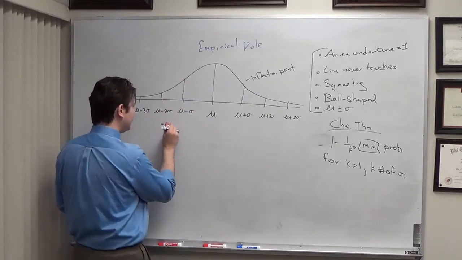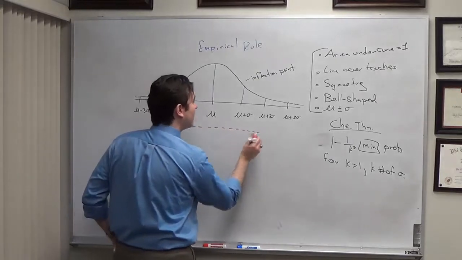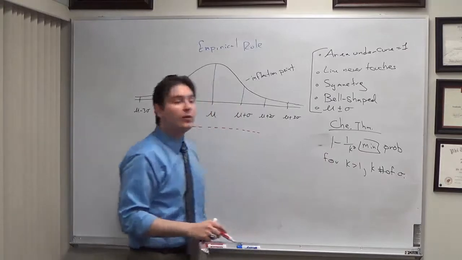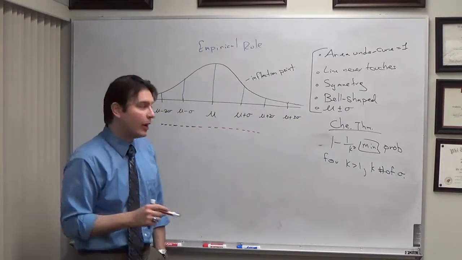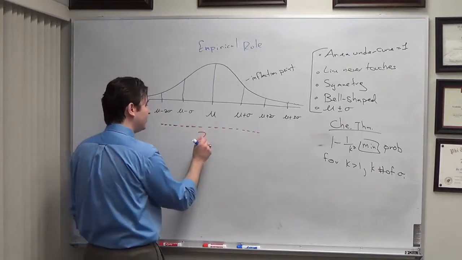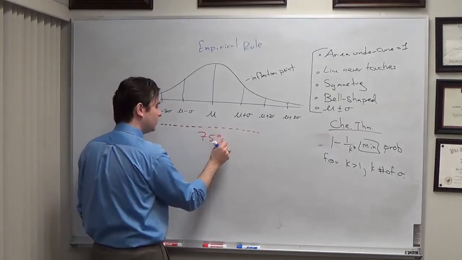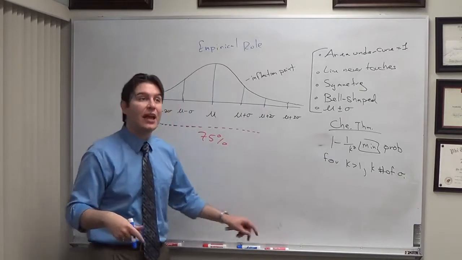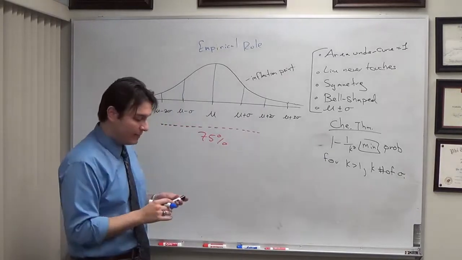So let's draw this series of dashed lines down here. Chebyshev says we'll get 1 minus 1 over 2 squared, which is 1 minus 1/4, which is 3/4, which is 75%. But that's a minimum. It guarantees at least that, no matter how skewed my data might be.